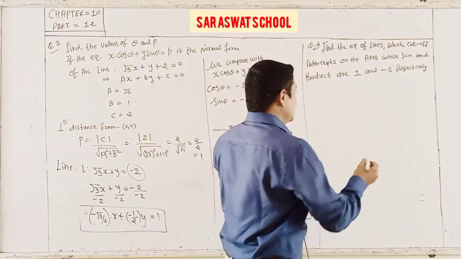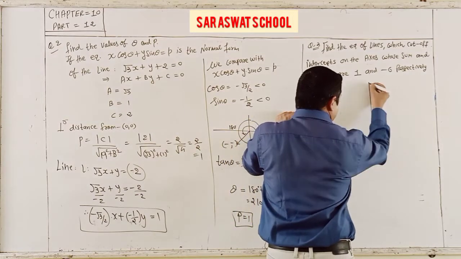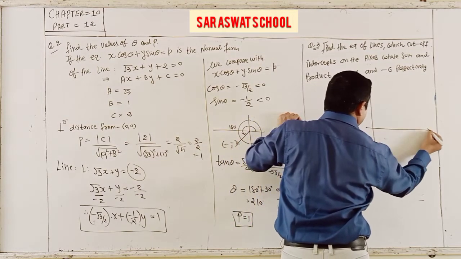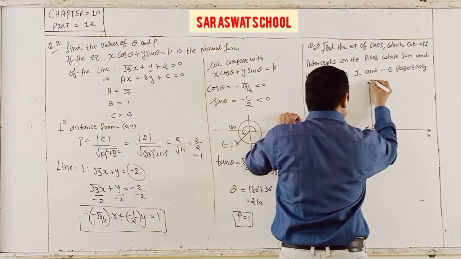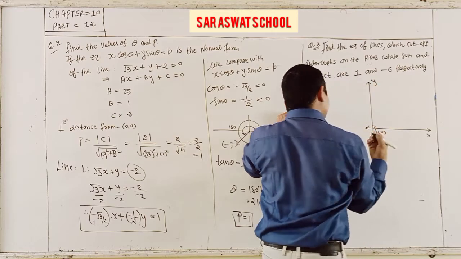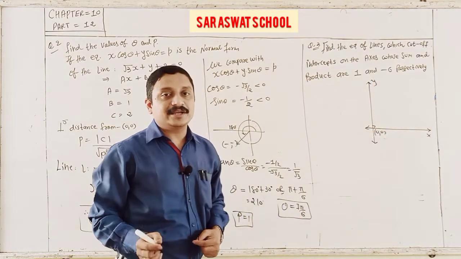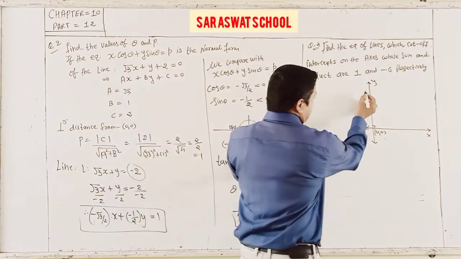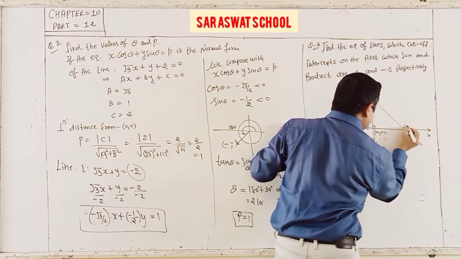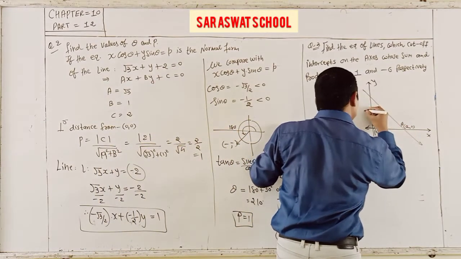It means you can draw the first line in this way. X-axis, origin, y-axis, and I will take intercepts on x-axis as a here, same as b.